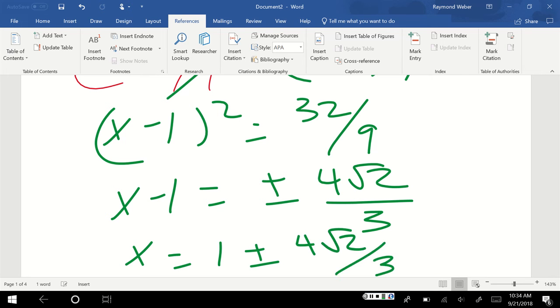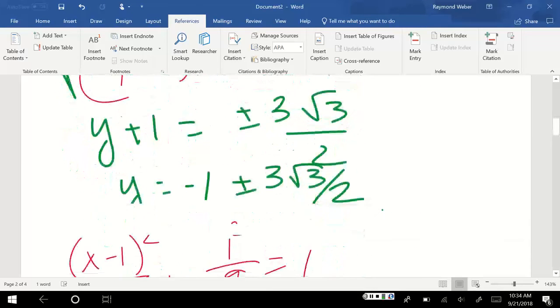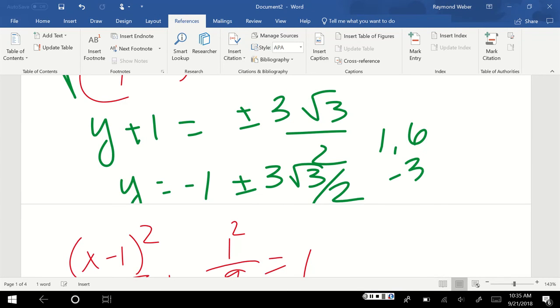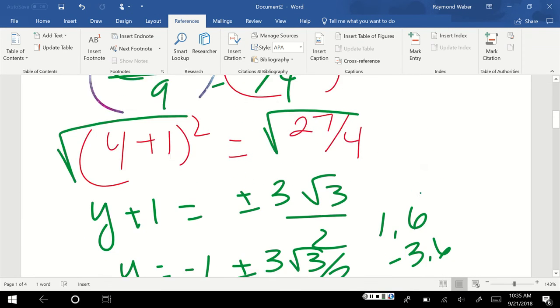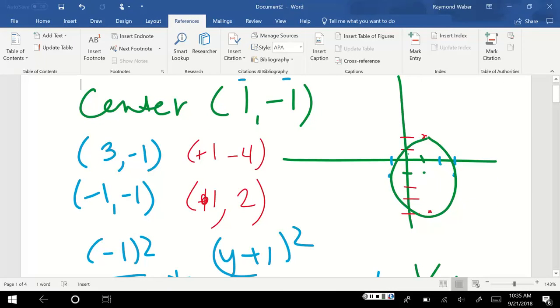There's my intercepts. Now, what you should do with your intercepts is you should crunch the decimals. So like this one, I crunched the decimals, it's like 1.6 and -3.6. Then you should go back to this and ask, does that make sense? Well, yes, that looks right. Then you're going to do the same with the x-intercepts.